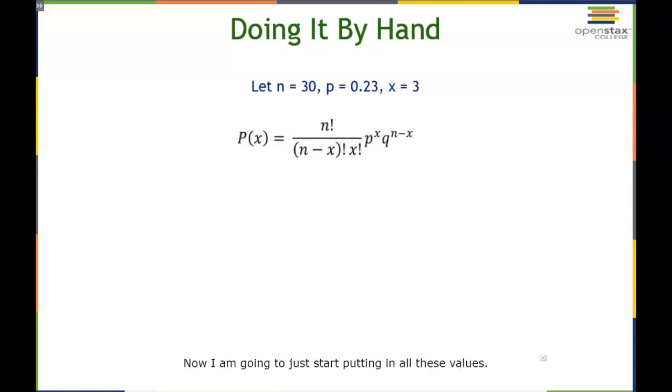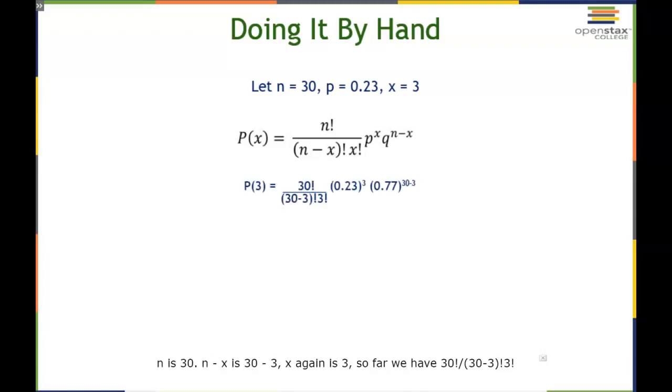Now I am going to just start putting in all these values. N is 30. N minus x, that's 30 minus 3. X again is 3. So far we have 30 factorial over 30 minus 3 factorial times 3 factorial. P is 0.23. X is 3.